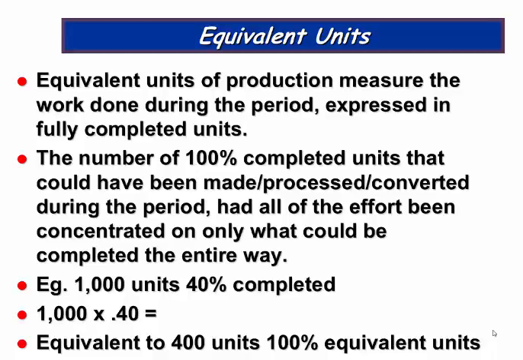The second little note I have typed up for you here says that equivalent units are the number of 100% completed units that could have been made or processed or converted, if you will, during the period, had all of the effort been concentrated on only what could be completed the entire way, which is basically what I just tried to explain.